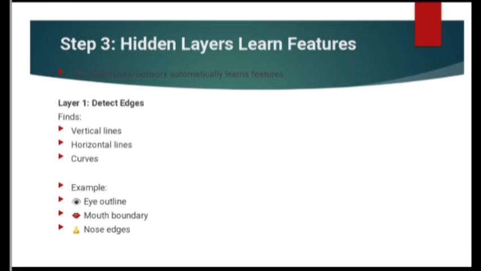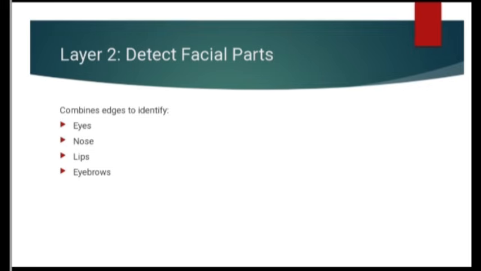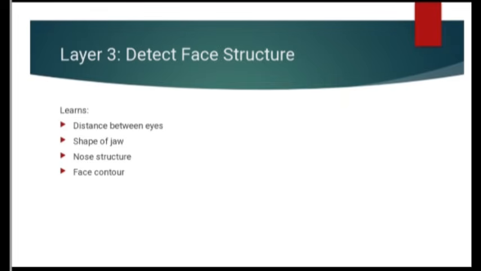Now we reach the most important part of deep learning, the hidden layer. The hidden layer automatically learns. The first layer learns simple patterns, that is edges, lines, curves, and color transitions. It may detect eye boundaries, nose edges, and lip outlines. The second layer combines these edges. Now it begins to identify eyes, nose, lips, and eyebrows.